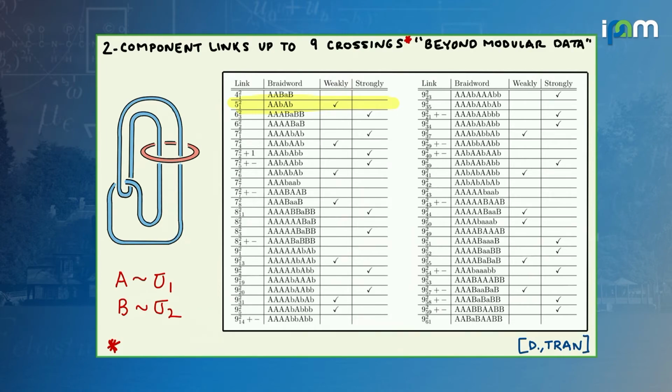So if we have a link that can be represented as the closure of a two-strand braid, what that means is I can draw some element of the two-strand braid group, and after I move crossings around and close it up, it always looks something like this, where there's some number of crossings in the middle. So this is the closure of a two-strand braid, and this can either be one or two components. But if you have something that's two components, it's not necessarily of this form. So the two is different.